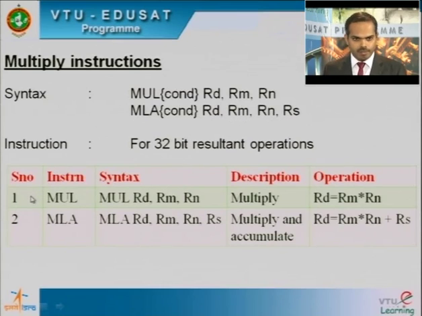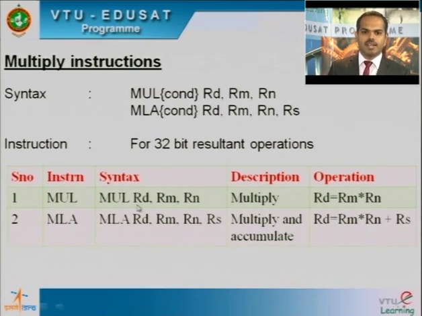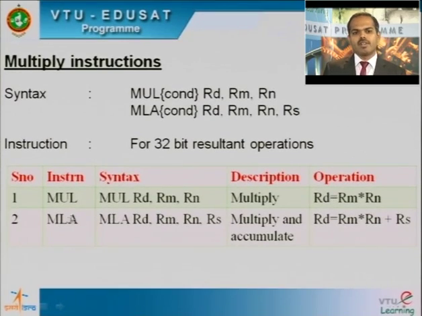Looking at the table now, the first instruction is MUL. The syntax is MUL RD, RM, RN. The operation description for this is multiply. What exactly happens here? RD equals RM multiplied by RN. RM multiplied by RN, and the result is stored in RD.